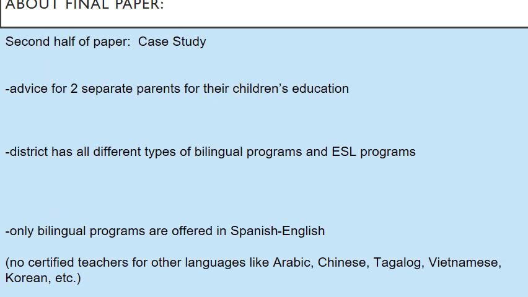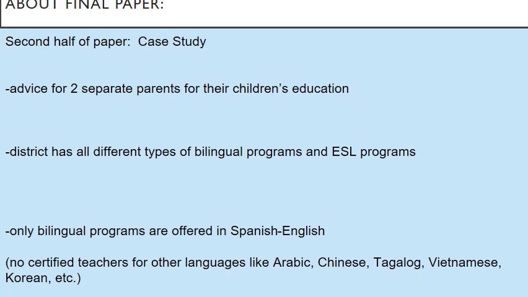The second half of the final paper is the case study section. So I gave you 2 examples or 2 cases of English language learners, and you as an educator and an enlightened educator who's taken this class are going to provide recommendations to those parents. One thing to note is that in this district, there are all different types of bilingual programs and ESL programs.